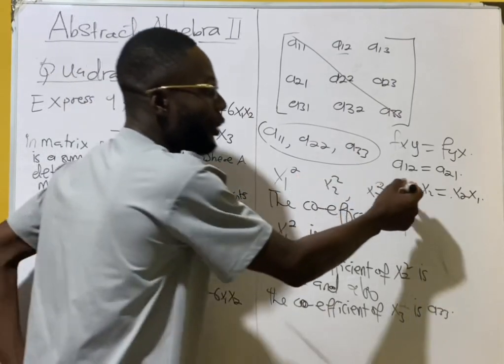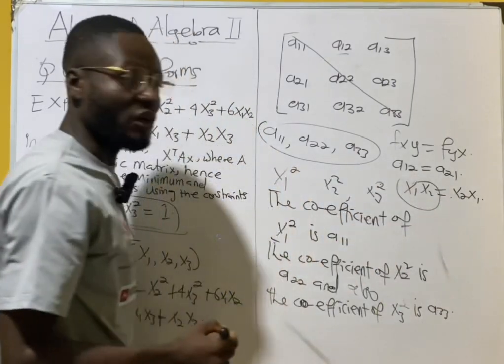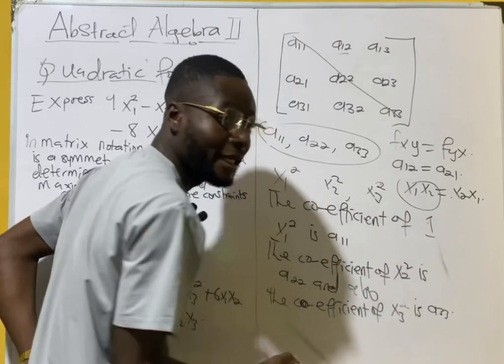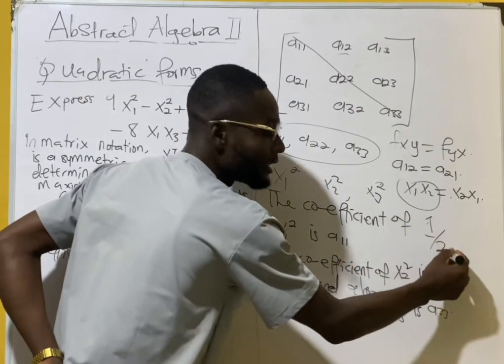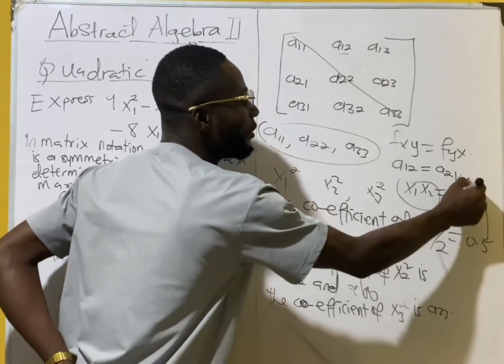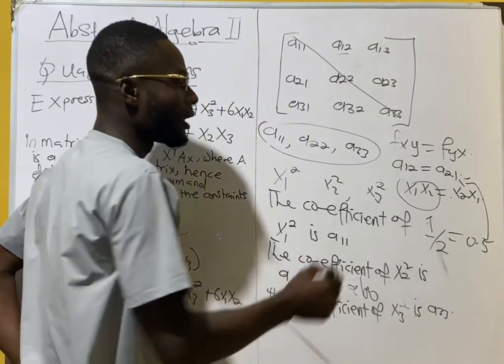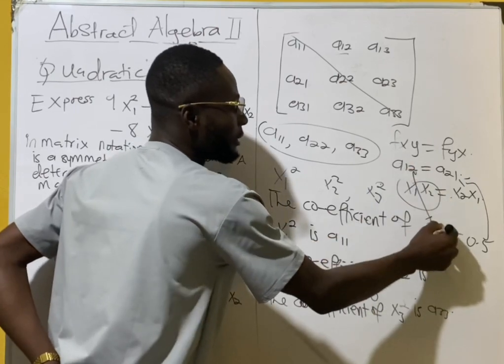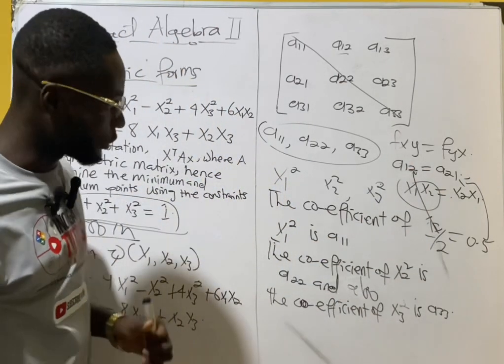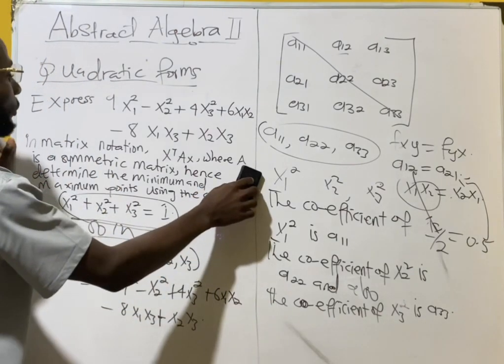So if you have the coefficient of x1 x2 to be 1, then it means you have to divide it by 2 to have 0.5. And that will go for A21 and A12. Are we okay?